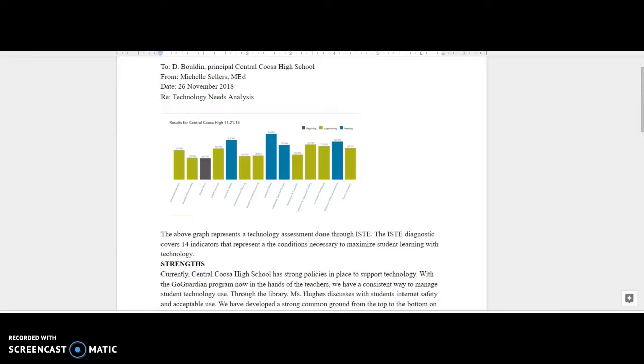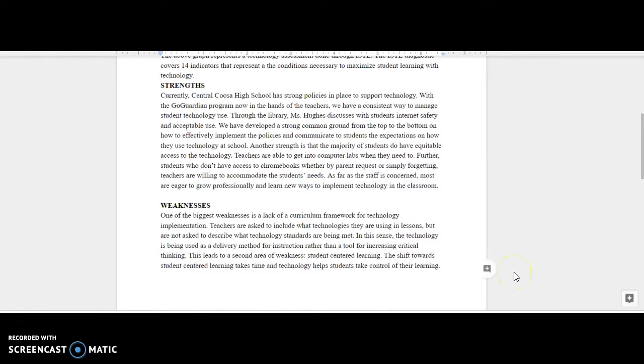So this needs analysis really focused on areas that we could improve on. And one of the biggest weaknesses that I saw is that we lack what they call a curriculum framework for technology implementation. And this is that we don't have any clear guidelines on how to use the technology.